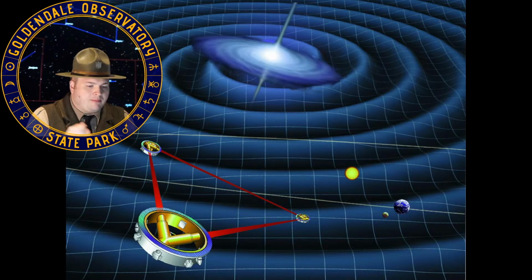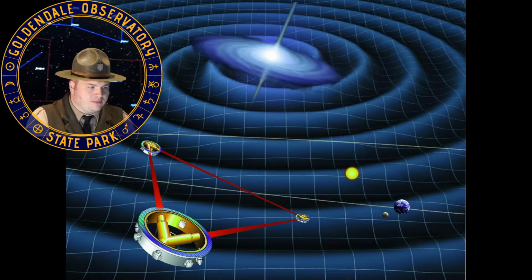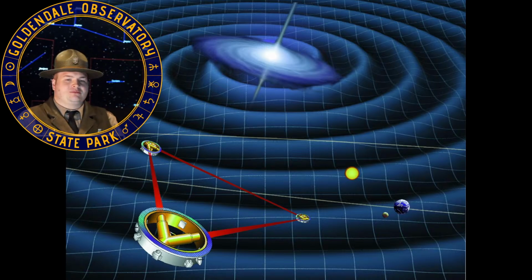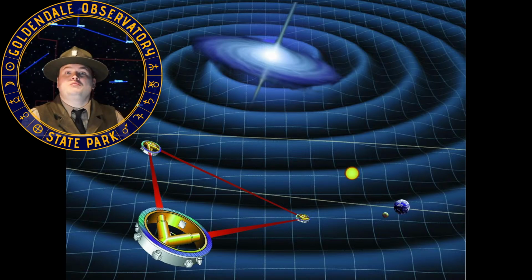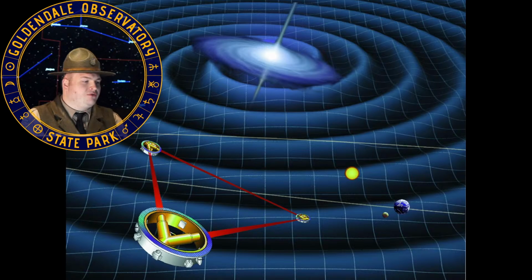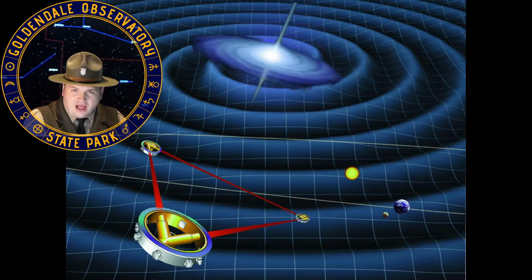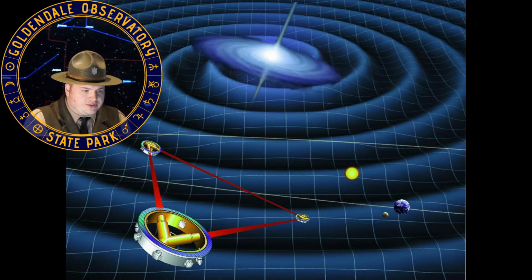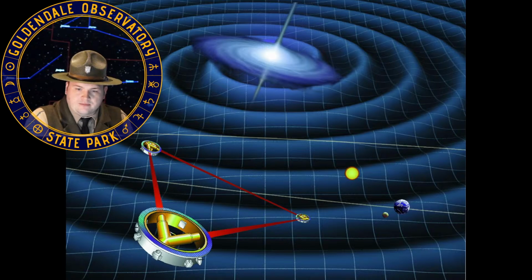However, not better lasers, but lasers emitted by devices that are much farther apart. So instead of a few thousand miles, how about a few million miles? If you have a separation of millions of miles, you dramatically increase the sensitivity of your detector.